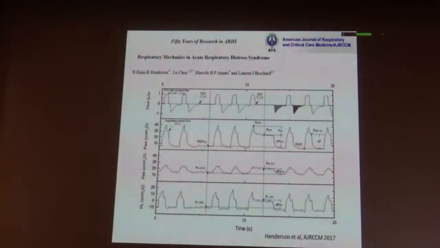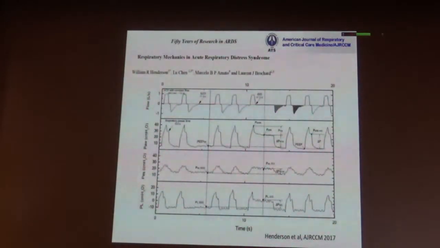The last curve is the difference between airway pressure and esophageal pressure, which is called PL, L for lung, the transpulmonary pressure, so this is the distending pressure of the lung. Just visually, if you compare the airway pressure swing to the esophageal pressure swing, you see that the amplitude of the airway pressure swing is much larger than the amplitude of the esophageal pressure.